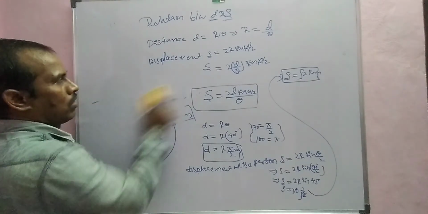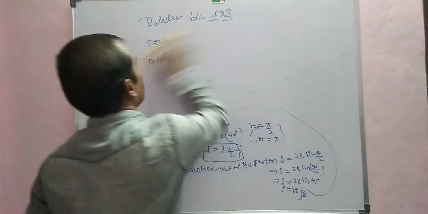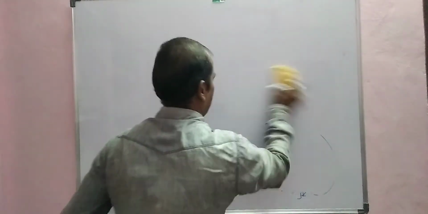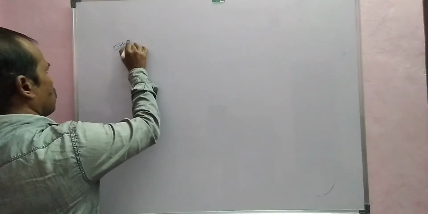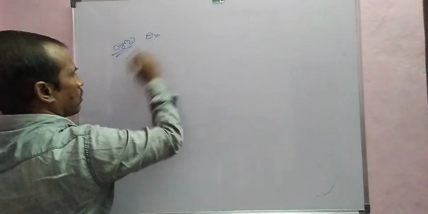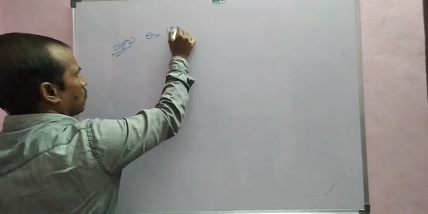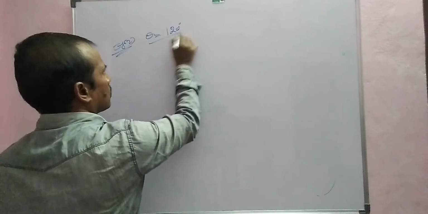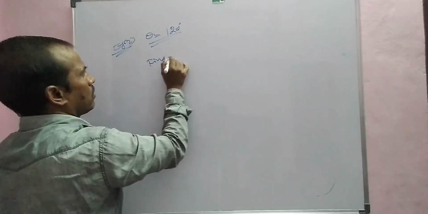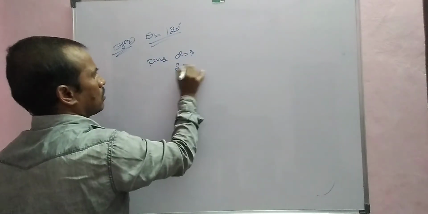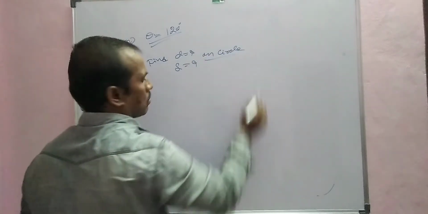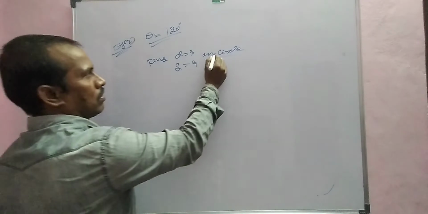Next problem, example 2. Here theta is equal to 120 degrees. Find the distance and displacement on a circle.